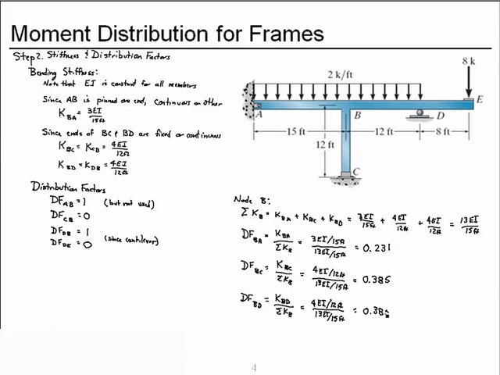Now if we've done this properly, the three distribution factors should all add up to 1, and their summation, to within round off, equals 1.0. So even though there's a slight rounding error, that should be good enough, and we're ready to move to the next step.